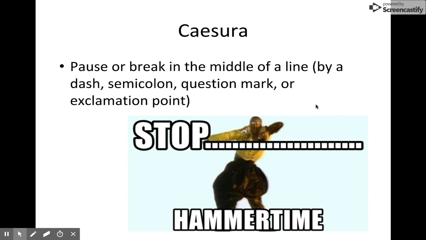Okay, so caesura is always going to be denoted by a dash, semicolon, question mark, or exclamation point in the middle of the line. It's not going to be a comma because sometimes lines are broken up with commas, but an intentional breaking of ideas and breaking of the line that typically should run really smoothly is going to be denoted by one of these punctuations.